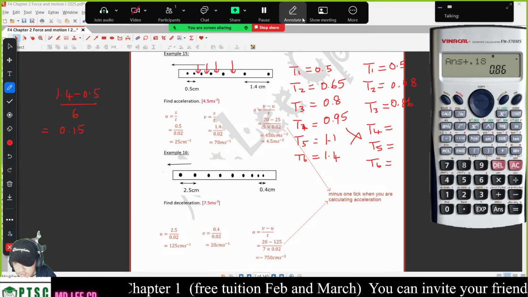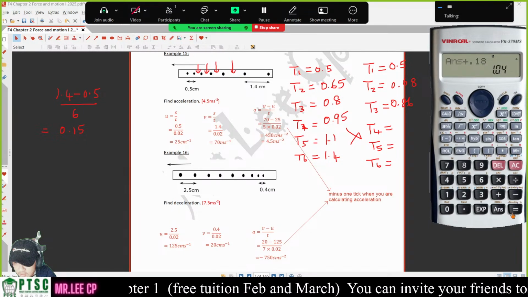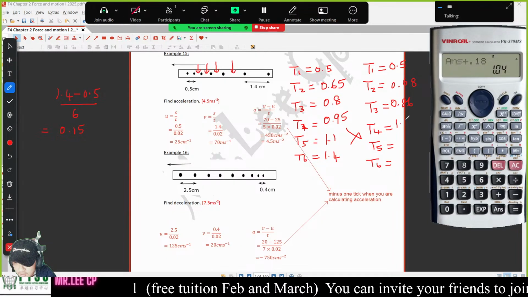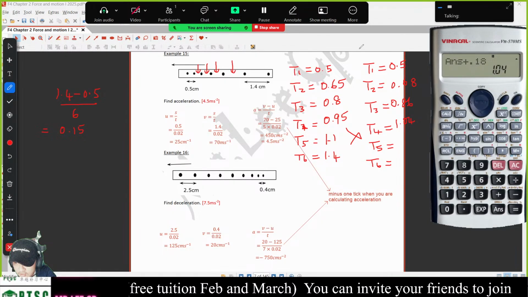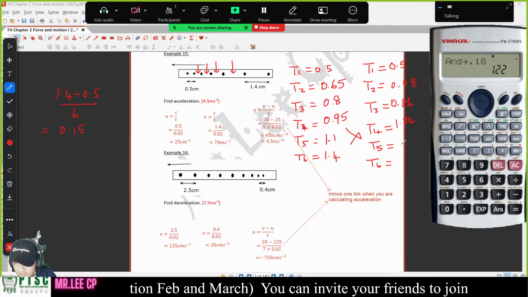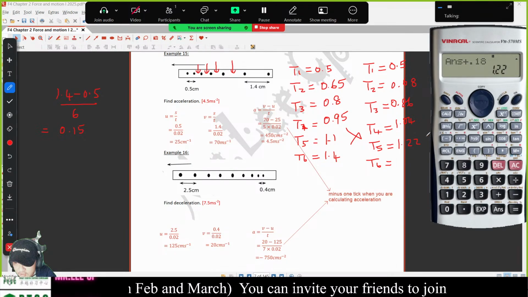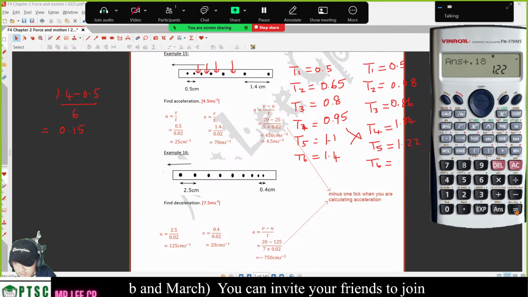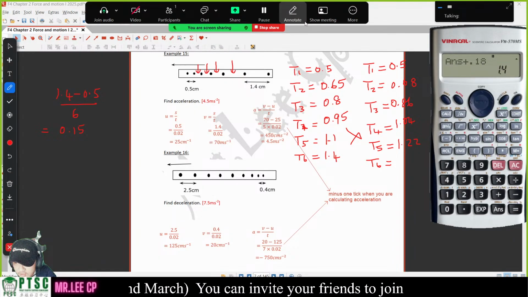So next one, I plus 0.18 again. 1.04. Plus again, I just press equal. 1.22. Plus again, 1.4. So this one is the correct one.